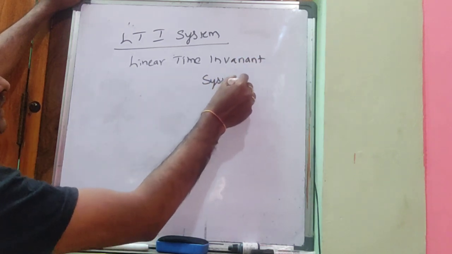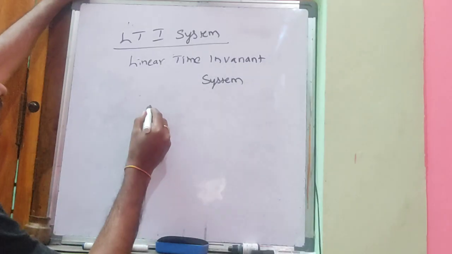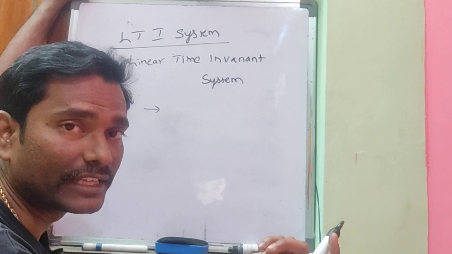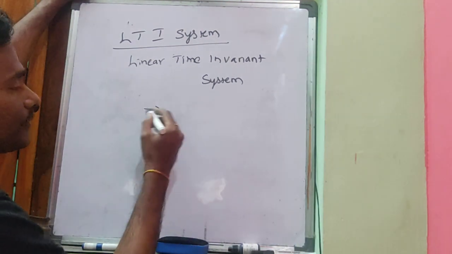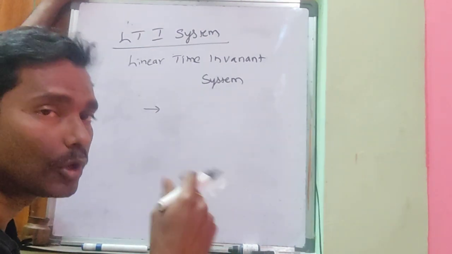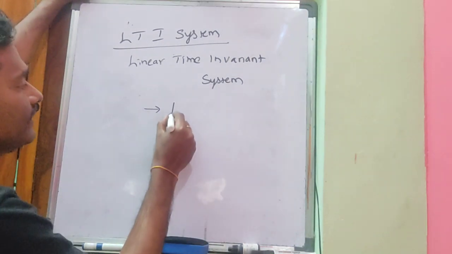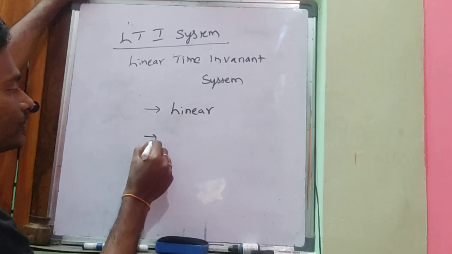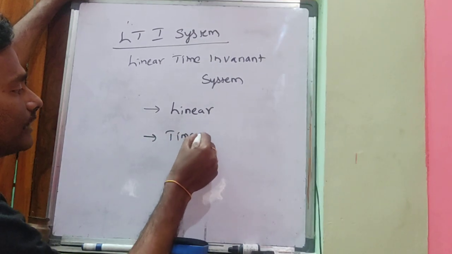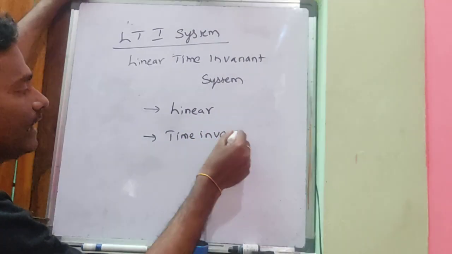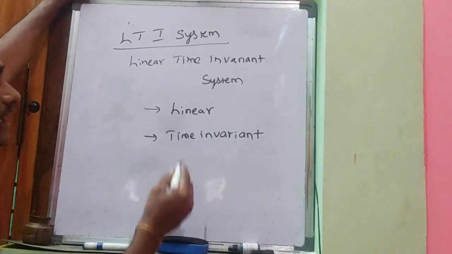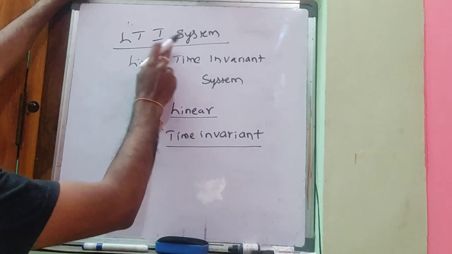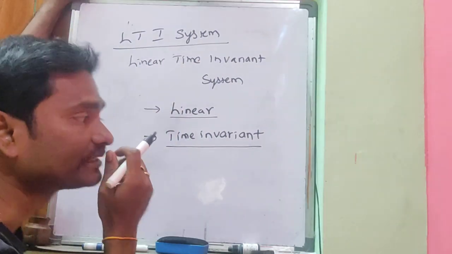A system is said to be LTI when it satisfies both properties: it is linear, as well as time invariant. If the system is linear and time invariant, then the system is said to be an LTI system.